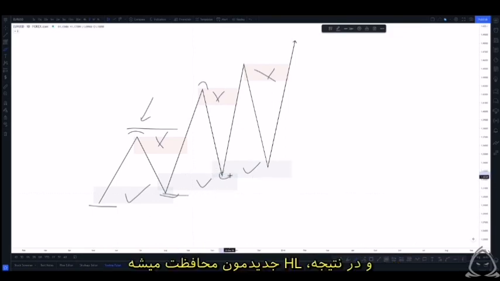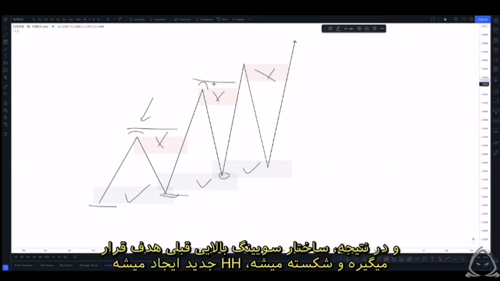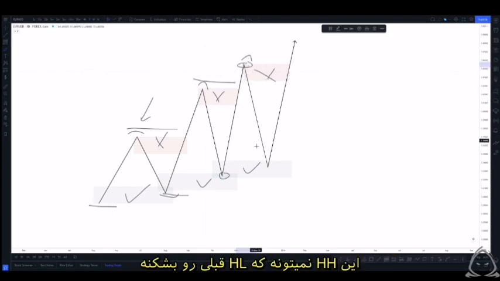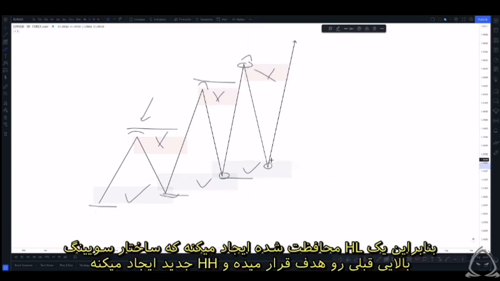As a result, it makes our new higher low protected, and our previous swing structural higher high is targeted and broken, forming a new higher high. This higher high fails to take out the previous higher low. Therefore, it creates a protected higher low that is going to target the previous higher high swing structure to create a new higher high.